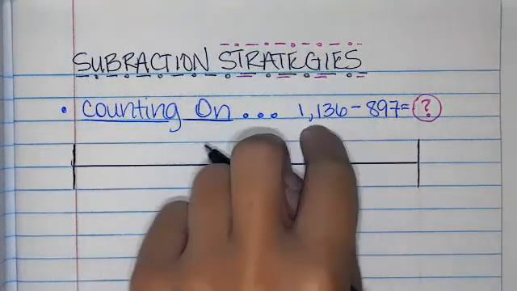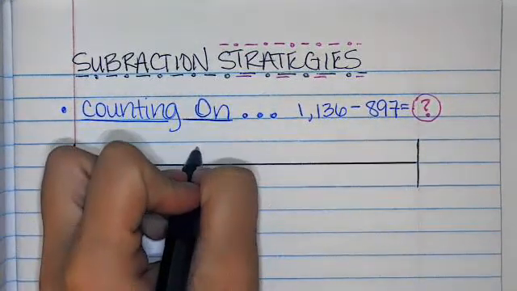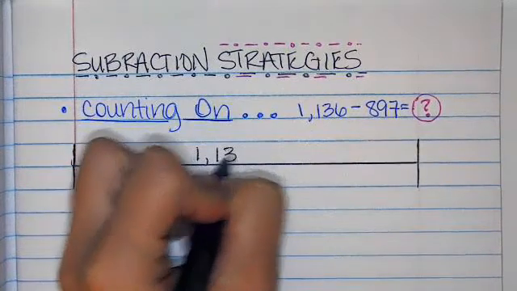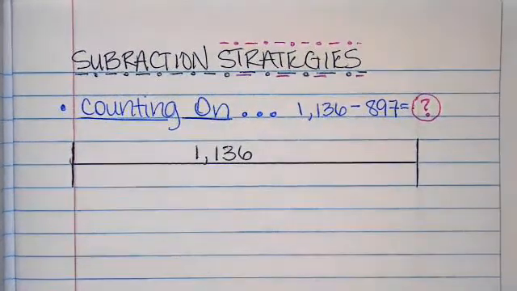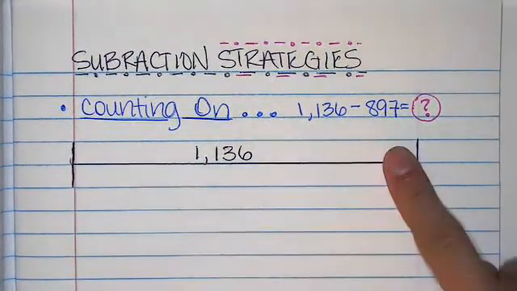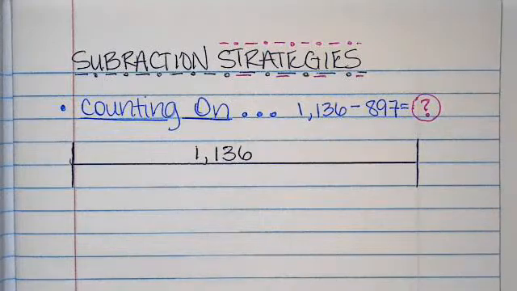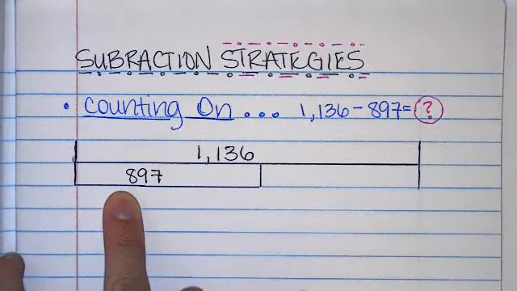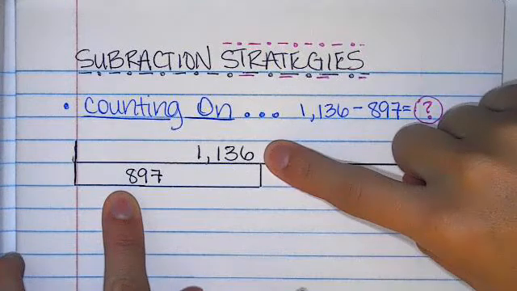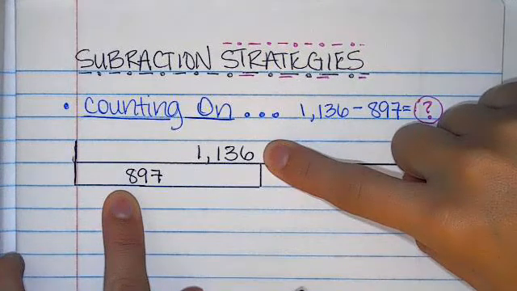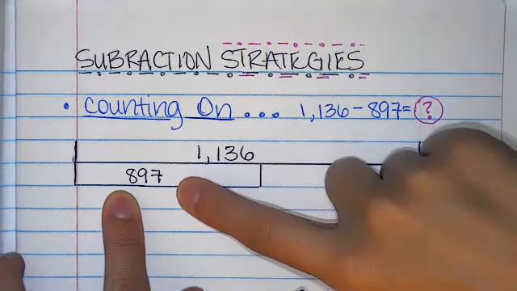It should always be the first number in a subtraction problem, the largest. So I'm going to put that as the whole amount because our numbers are not going to get any bigger than this. The next number that we know about is 897. So we have our whole amount, 1,136, and we're going to take away 897.